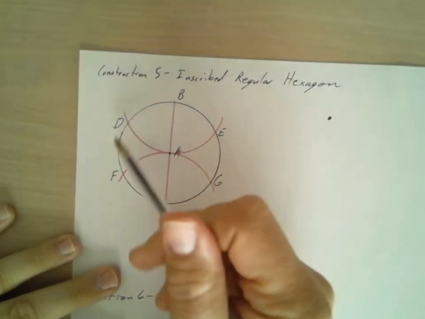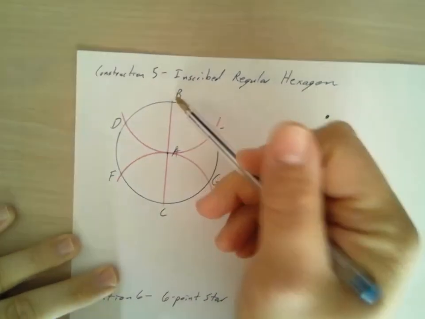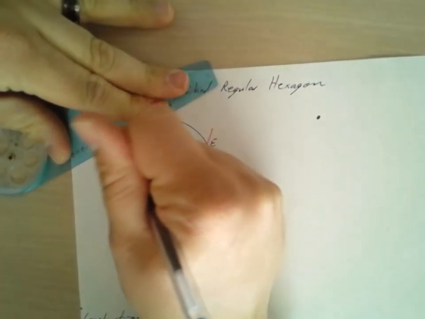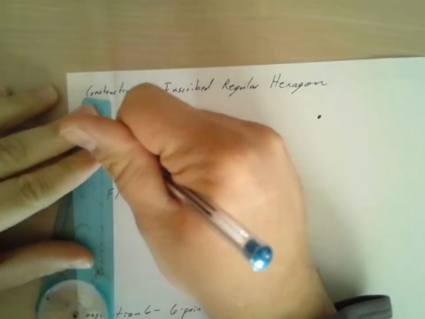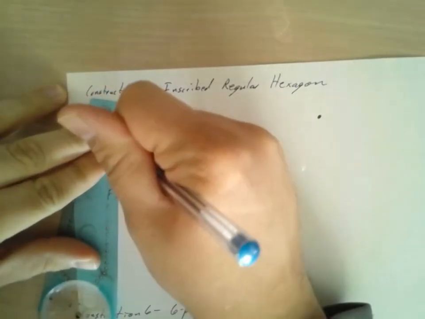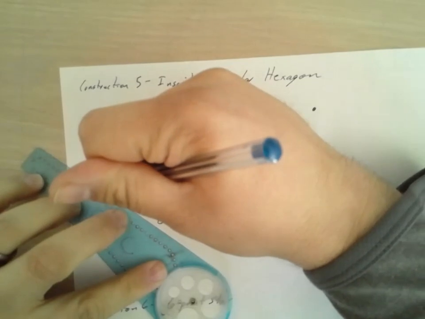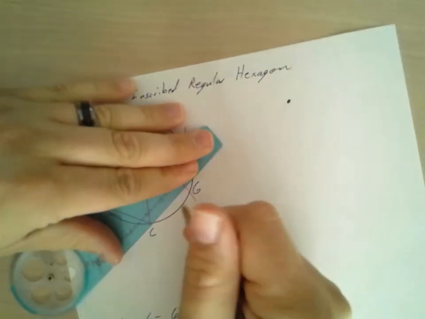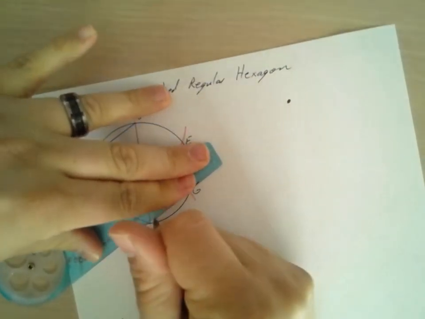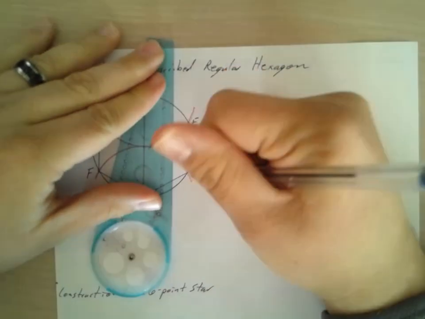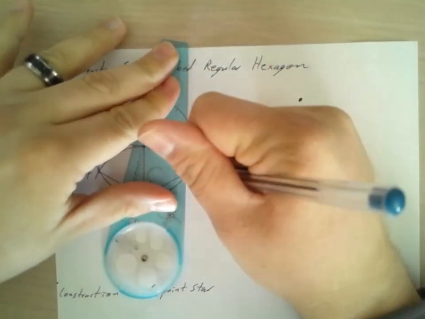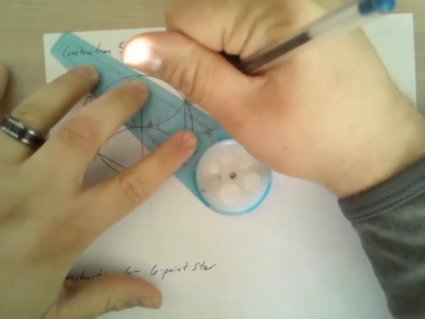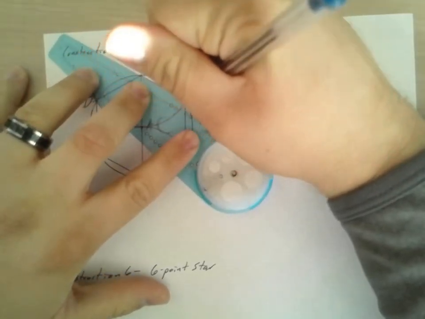So B to D, F, C, G, E, and then back to B. So I'm just going to go ahead from B to D, D to F, and F to C, from C to G, G to E, and then E to B.